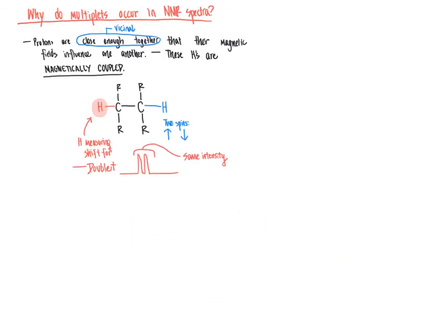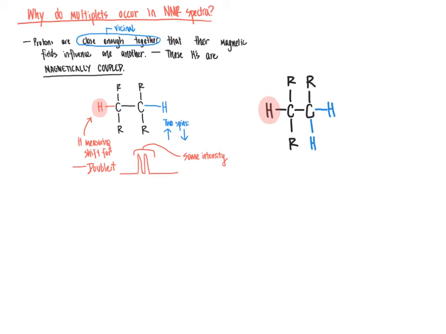To carry on from the theme we were just looking at, I'm going to draw a similar mock structure here on your right, where we are going to be looking at the chemical shift and multiplicity of the proton that I've highlighted in red here. And it is vicinal now not to just one proton in blue, but to 2 protons in blue.